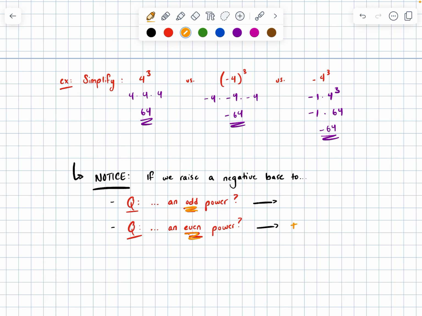We'll always be left with a positive output. But if I have an odd power, if I have 3 copies of a negative, 5 copies of a negative, 7 copies of a negative, there will always be a leftover straggler negative sign that will flip the value back to a negative number. Cool! This is in fact a pattern that will always hold.